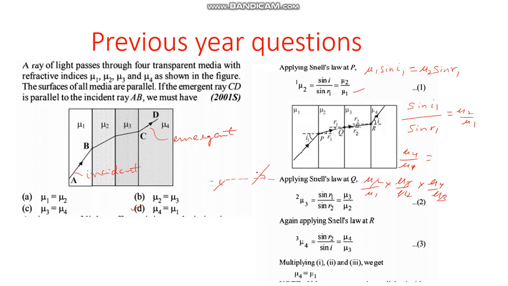So you finally get sin I by sin I, which is equal to 1. So you get mu4 is equal to mu1. You need to remember only one point: if the emergent ray and the incident ray are parallel, you can ignore the intermediate ones. The first and the last refractive indices must be equal. It's a standard result.